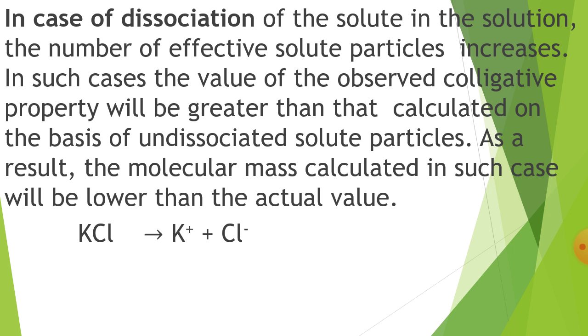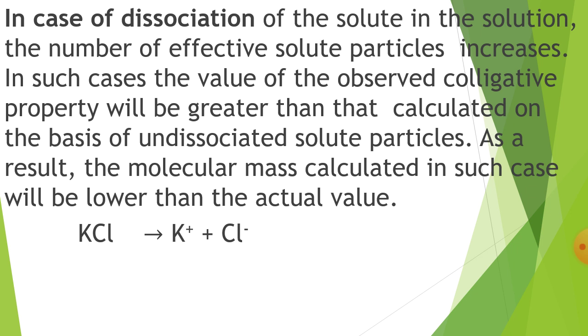For example, if we are taking 1 mole of KCl in water, it breaks into 1 mole of K+ and 1 mole of Cl-. So that's why 1 mole gives 2 moles of particles. So the more the number of particles, the more will be the colligative properties.